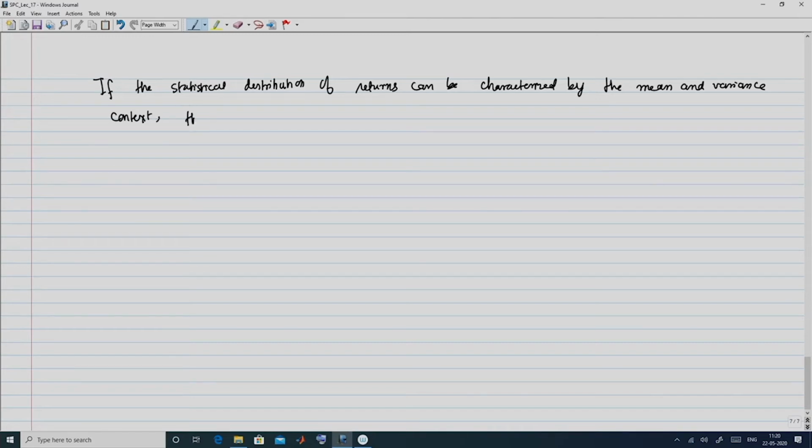Then Roy's safety first criteria can be analyzed in the paradigm of the mean variance framework.